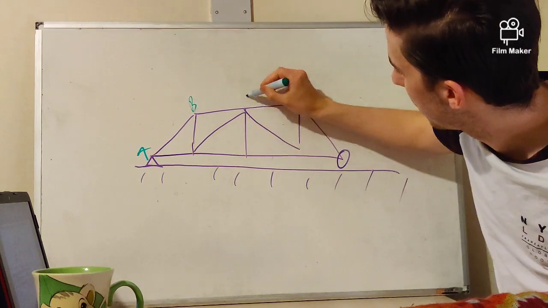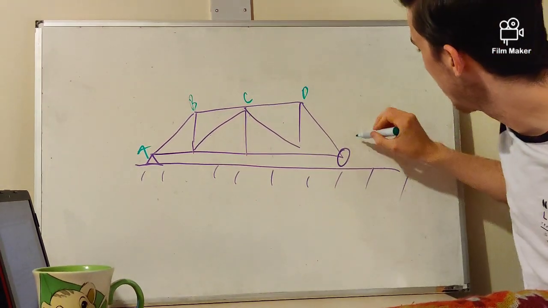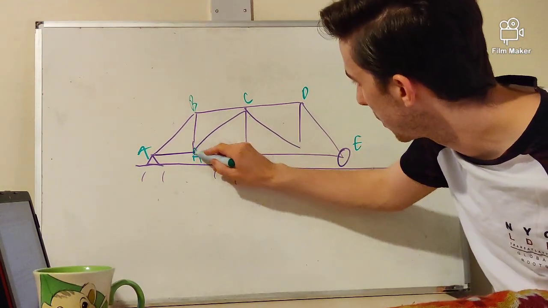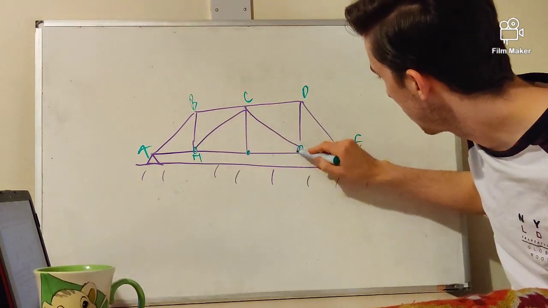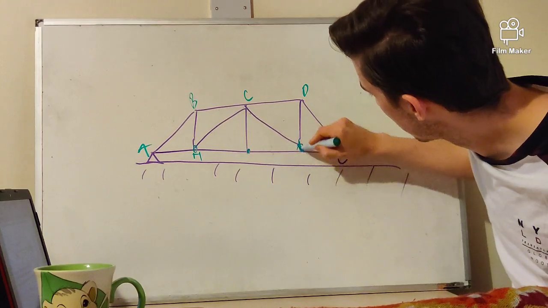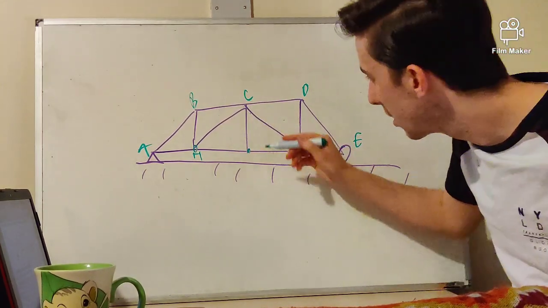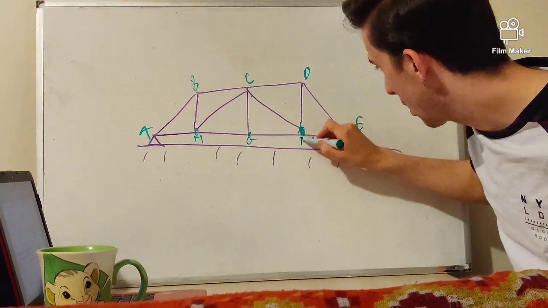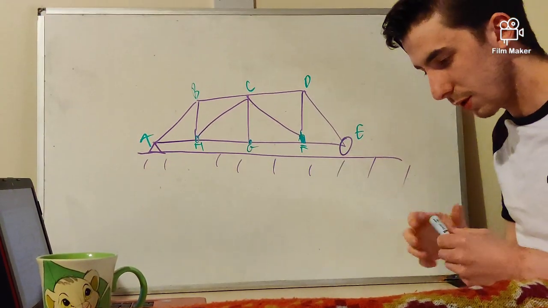So I've got A, B, C, D, and E. And then here we've got H, which is that one. I can't draw, but let's just go with it. G and F, because it goes that way.